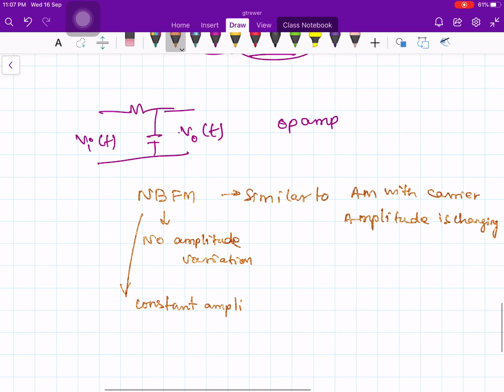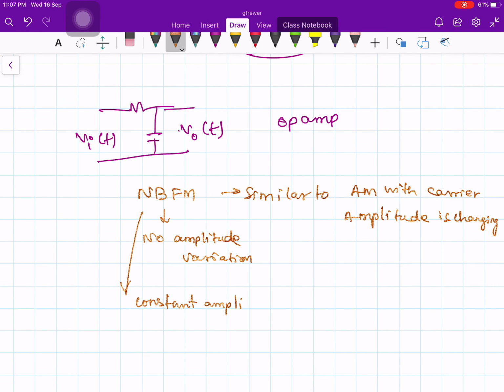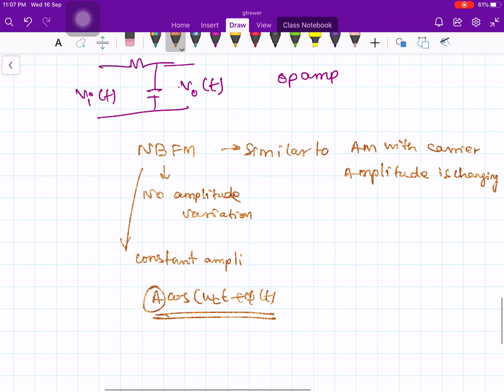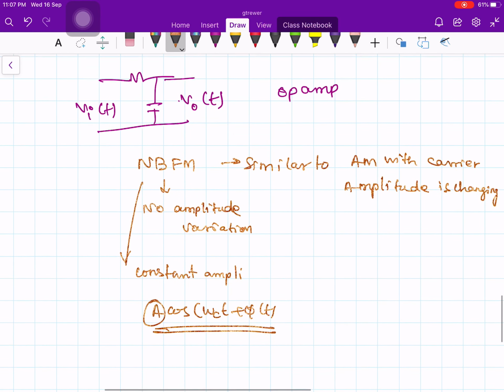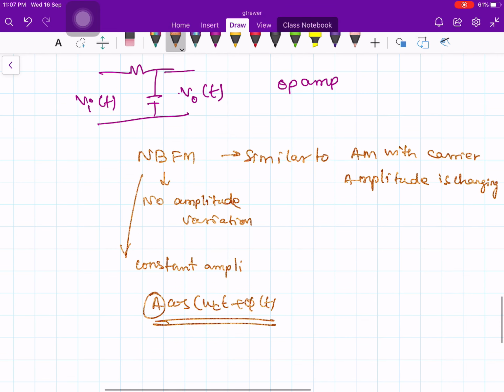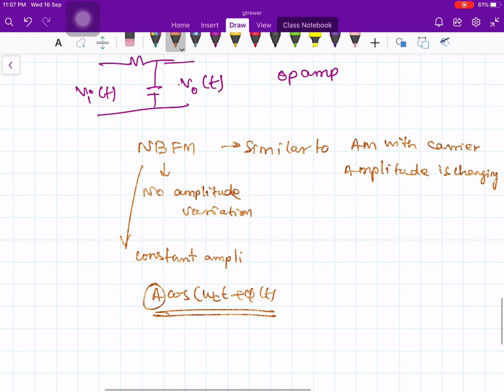Because narrowband FM is an approximation of A times cosine of omega ct plus phi of t. It is an approximation of this guy. Therefore here A is constant. The amplitude is not changing. Constant in the sense it is independent of the time. Whereas in AM there are amplitude variations.